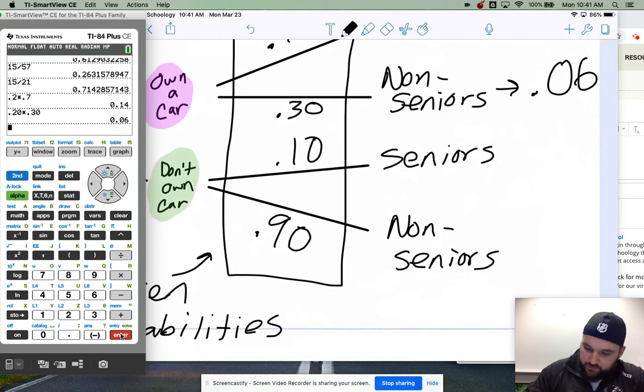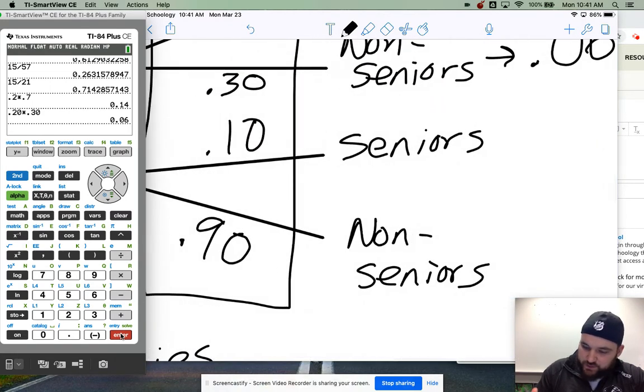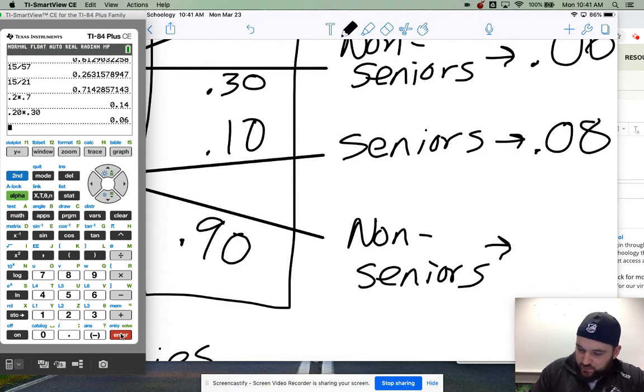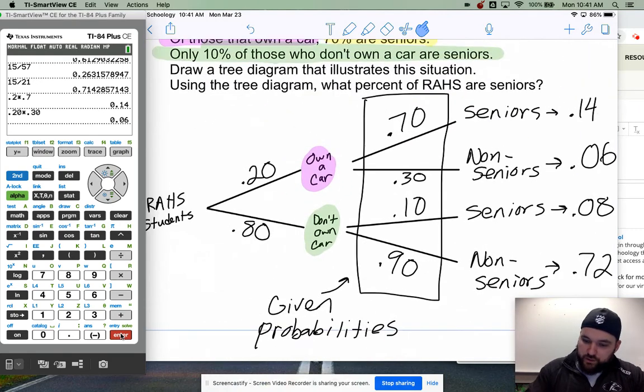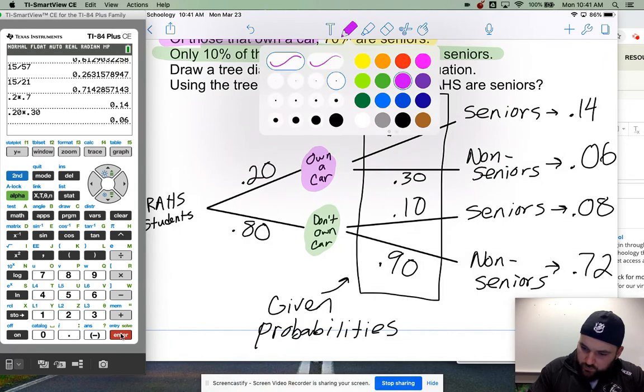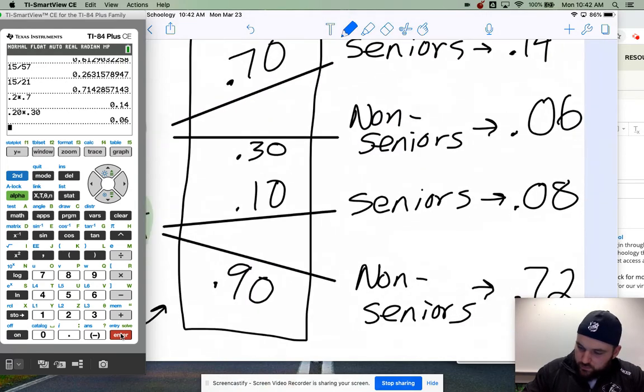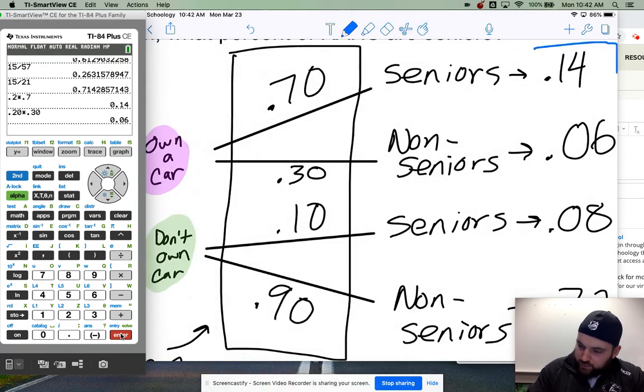If I do the same thing here, 0.80 times 0.1, that gives me 8% of the entire student body is a senior without a car. And then that leaves a massive number of 0.72, which is 72% of the student body doesn't have a car and they're not a senior. Okay. So these here are what we call the and probabilities.